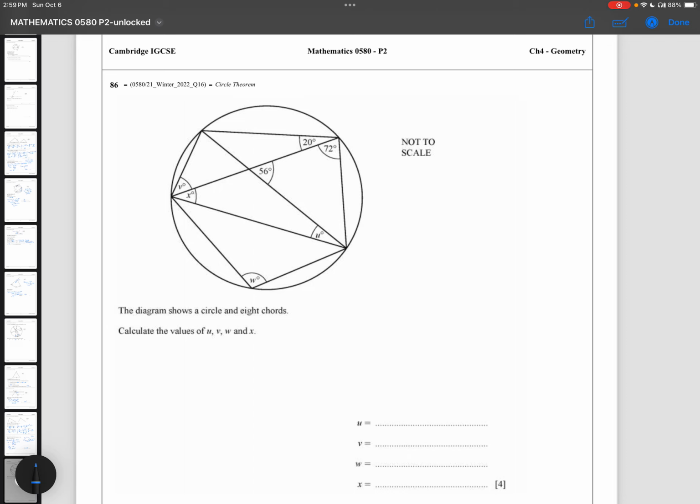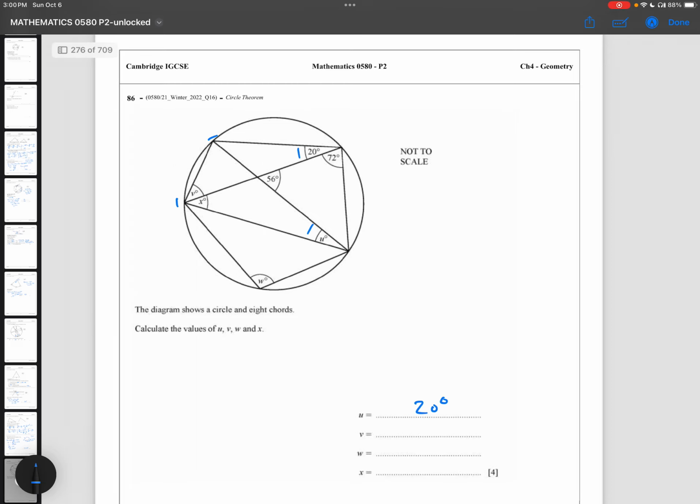In order to calculate u, we can see that this particular chord is subtending an angle of 20 degrees over here, and the same chord is subtending an angle u in the same segment. So according to the property, the angles subtended by the same chord in the same segment are equal. So u is equal to 20 degrees.